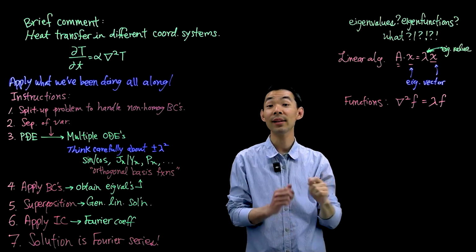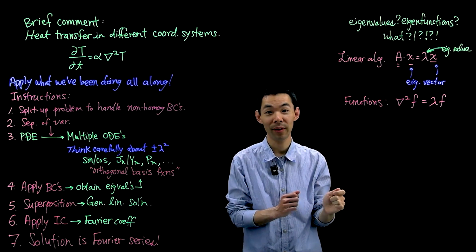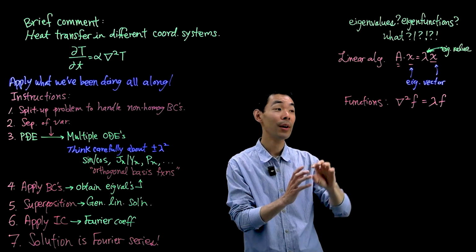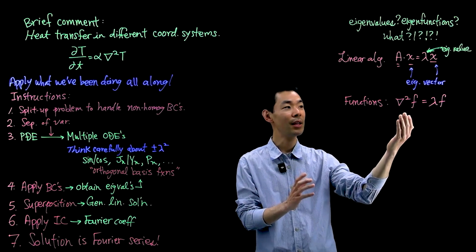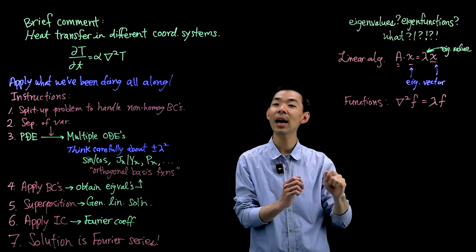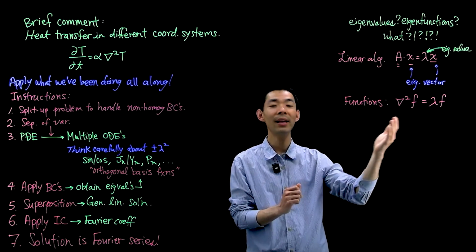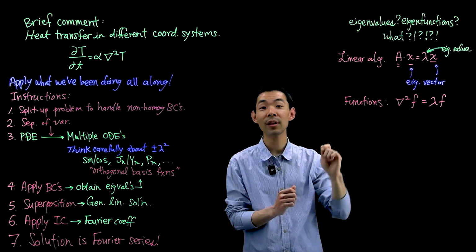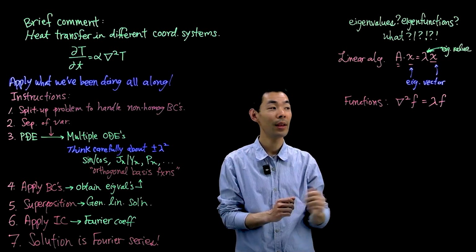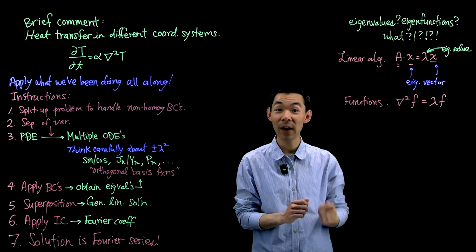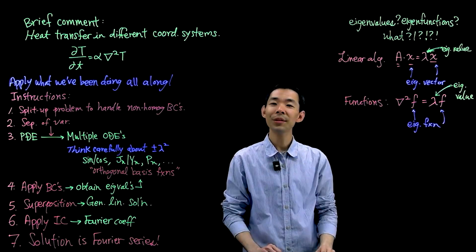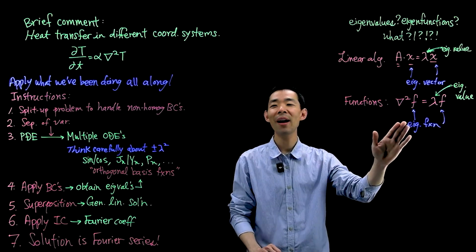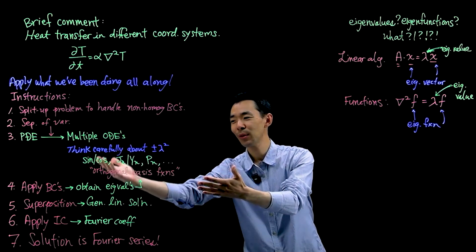In this case, it's the Laplacian operator. So the Laplacian operator can act on some function, and if it is equal to a scalar times the same function, then f is called an eigenfunction, just like eigenvectors, but in function form. And lambda is called the eigenvalue, just like that.